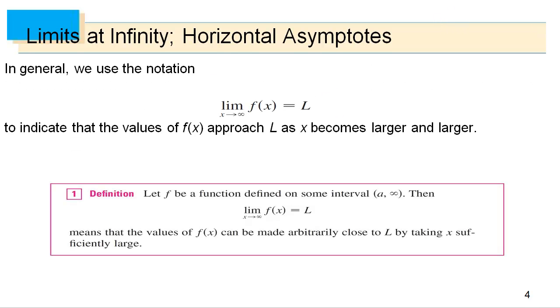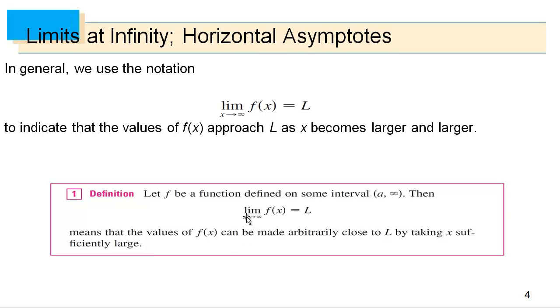Here it is in its general form. It's very similar to the limit definition we've seen before: we say the limit as x approaches a number of a function equals L if the values of that function can get arbitrarily close to L by taking x sufficiently close to this number. It used to be that x went to a, and then x had to be sufficiently close to a.